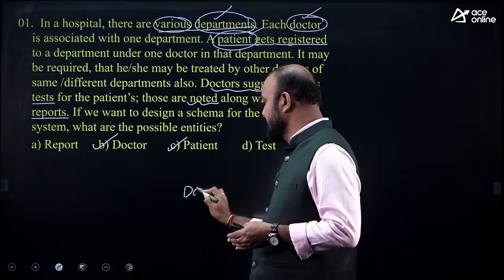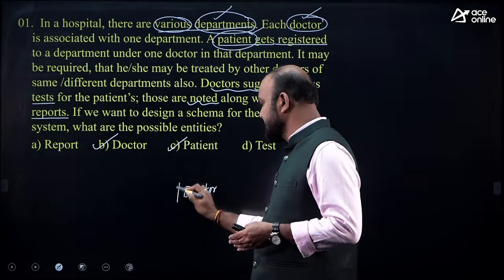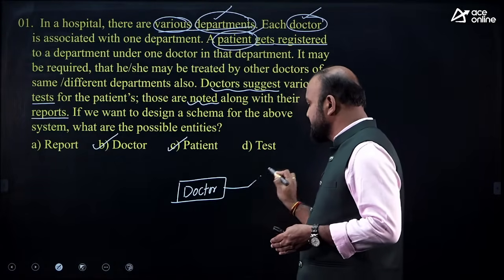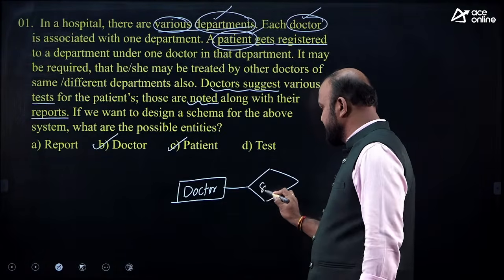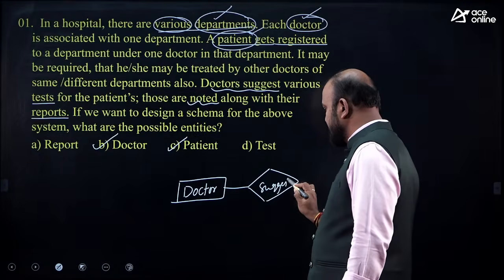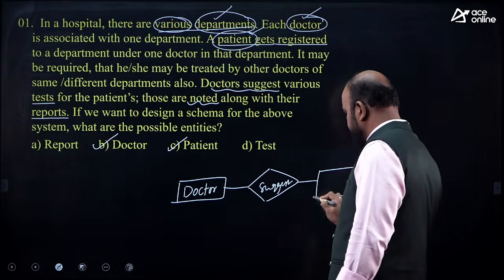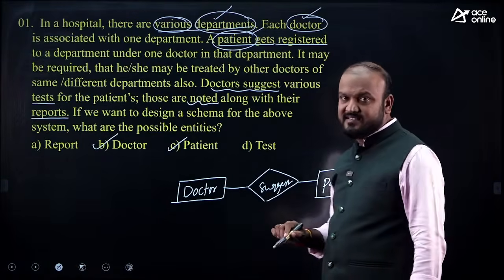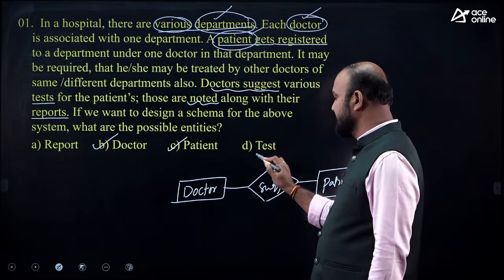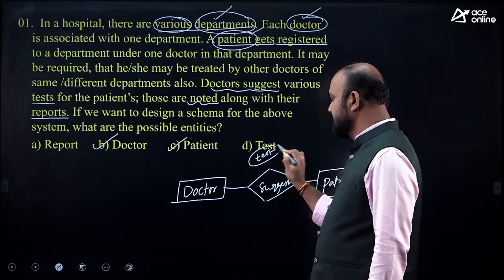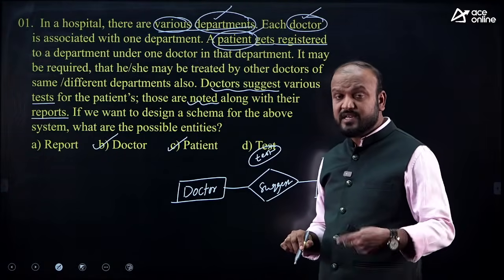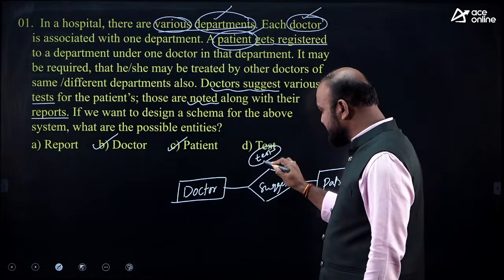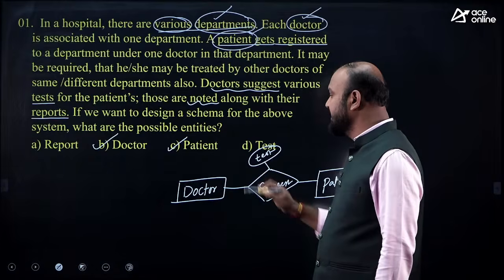If doctor is one entity set and suggestion is a relationship, suggest, to patient, and patient is another entity set, now suppose a doctor suggested some test to a patient, it requires test information. So test is information, not required to be an entity.